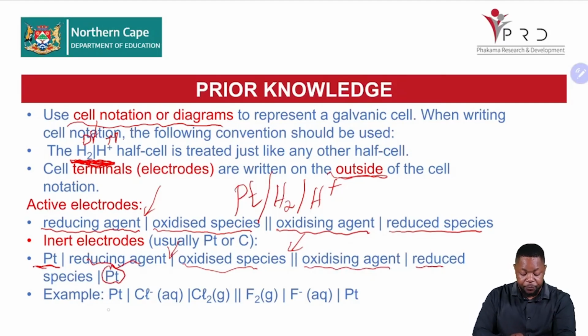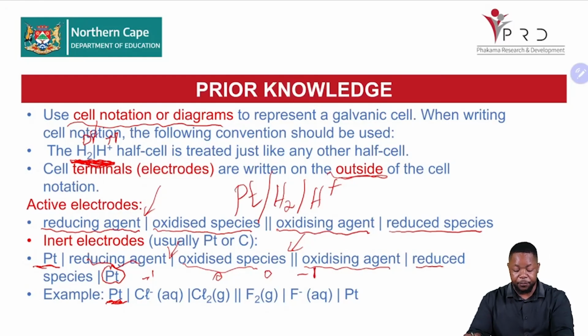Let's look at the example here. We have platinum, which is the active electrode. Then we have the chloride ion with an oxidation number of -1, and chlorine with an oxidation number of 0. Then we have 0 for fluorine and -1 for the fluoride ion. The oxidation number of the chloride ion is -1 and that of chlorine is 0, so there is an increase in oxidation number from -1 to 0.